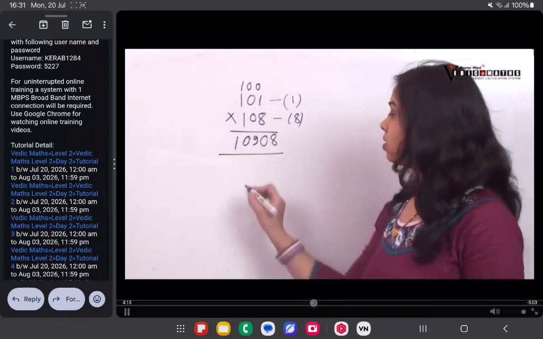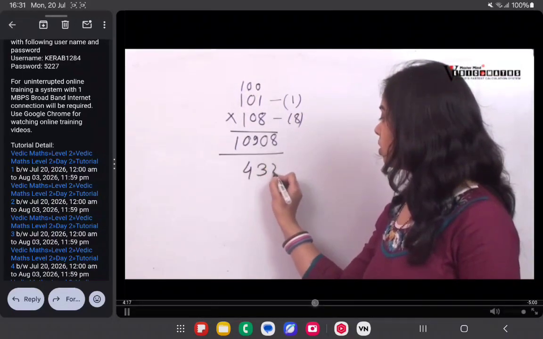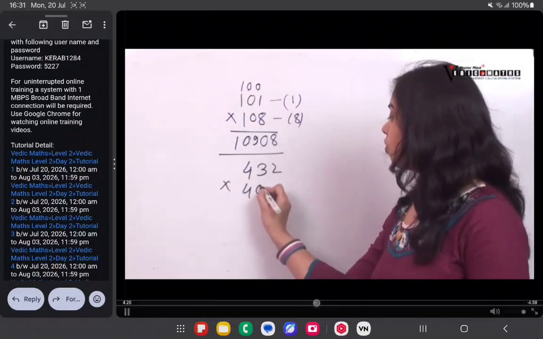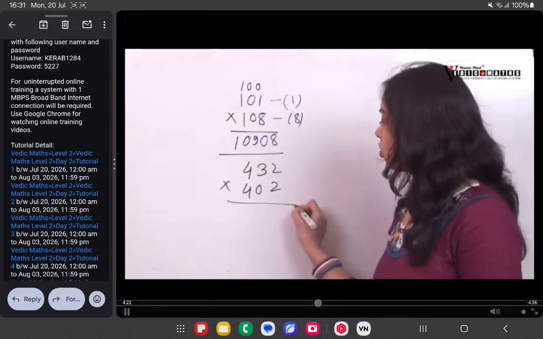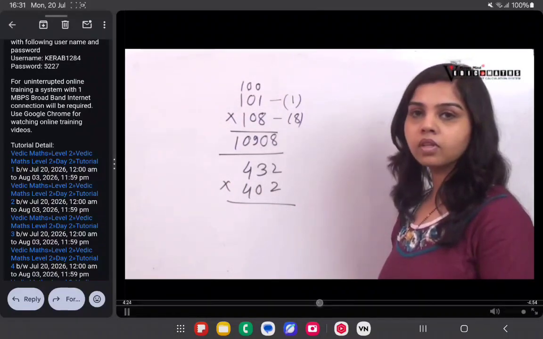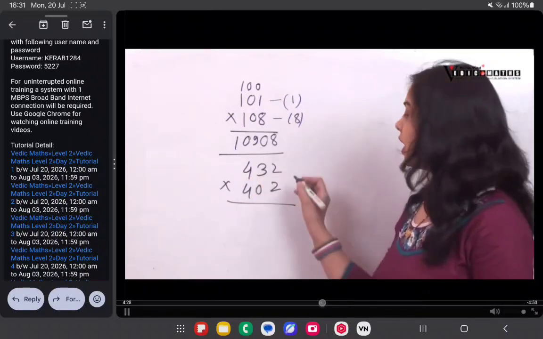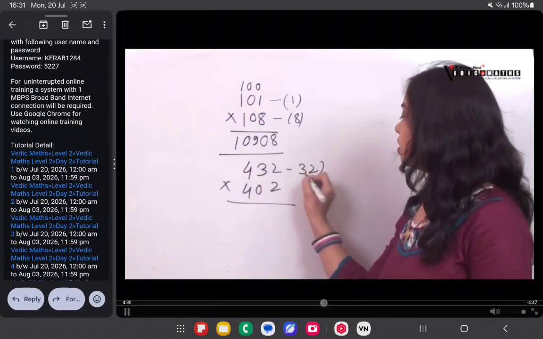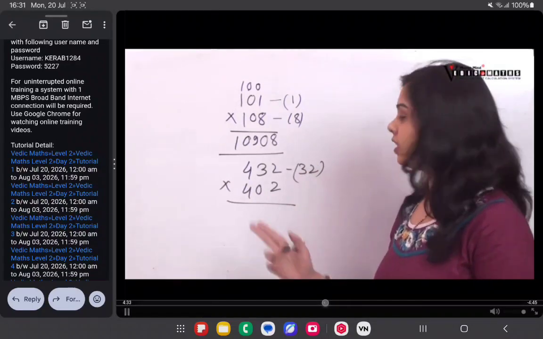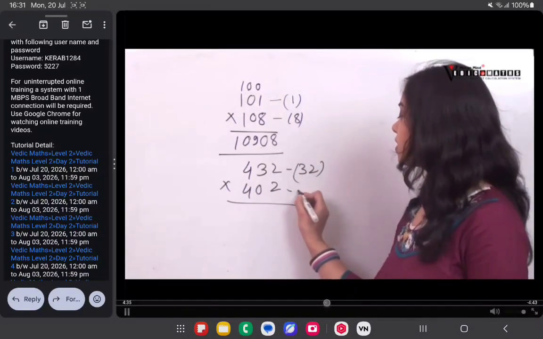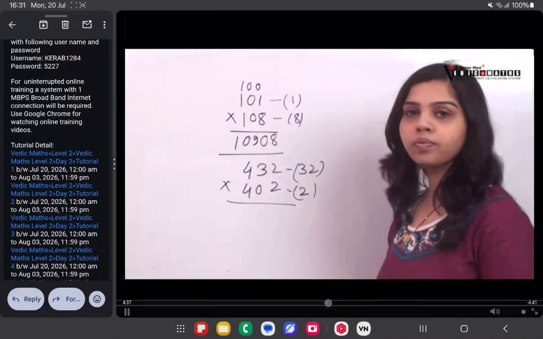Let's take another example. 432 into 402. If we take the base of 432 as 400, the excess is 32. And in the case of 402, the excess is 2.